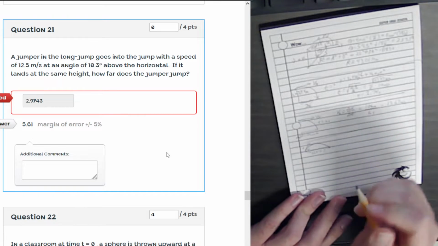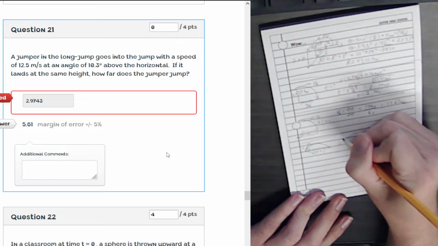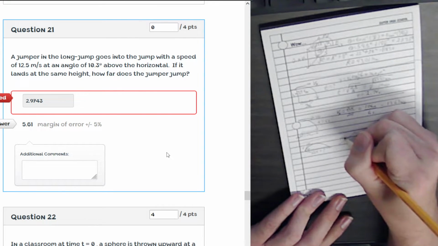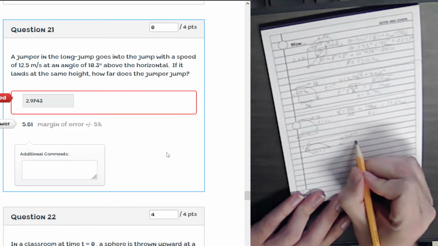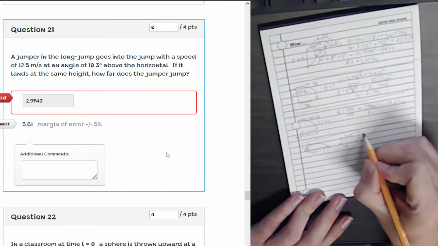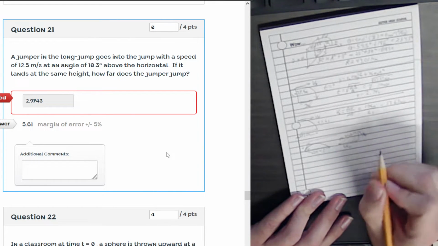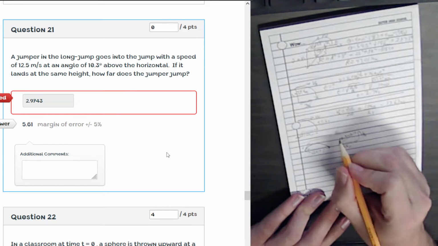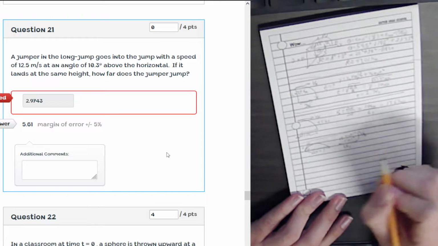So I'm going to find this total displacement here. Okay. So the first thing you should do is take your velocity and break it into its components. Got 12.5. And it gives us an angle here, so this will be Vx and Vy. I'll put knots on, so V naught y, V naught x. This angle's 10.3 degrees, so we're going to use sine and cosine.